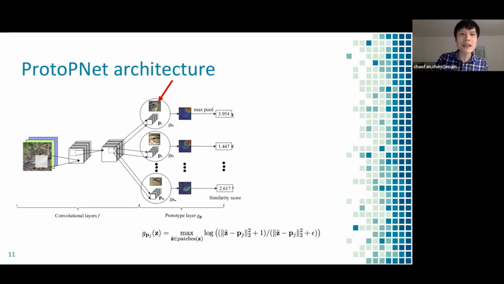Given this new test image on the left, our ProtoPNet model recognizes the upper right corner patch of this input image, which is the head of the bird, to be very similar to the sparrow head prototype. The similarity score is the max pooling of all the similarity scores for all the convolutional patches through the image, and the similarity score here is 3.954.